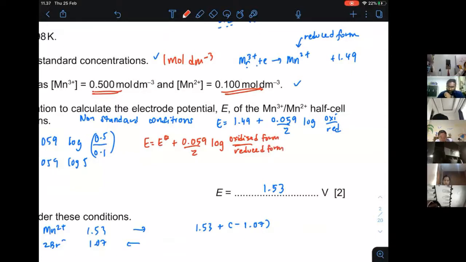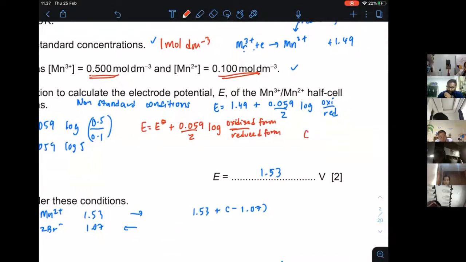If you have copper 2 plus plus 2 electrons to give copper, follow OIL RIG: oxidation is loss of electrons, reduction is gain of electrons. Cu2 plus is being reduced, so Cu is the reduced form.